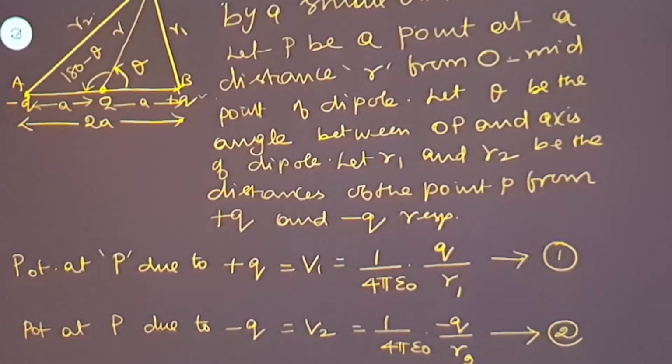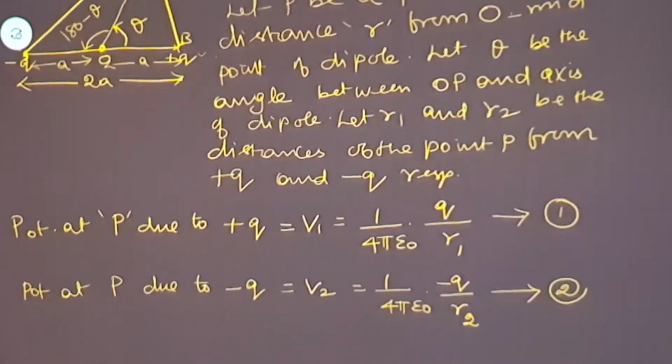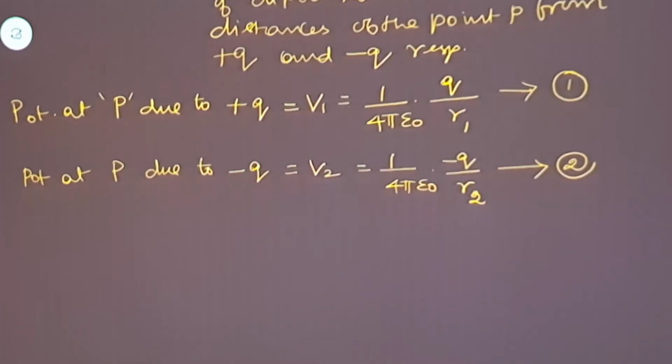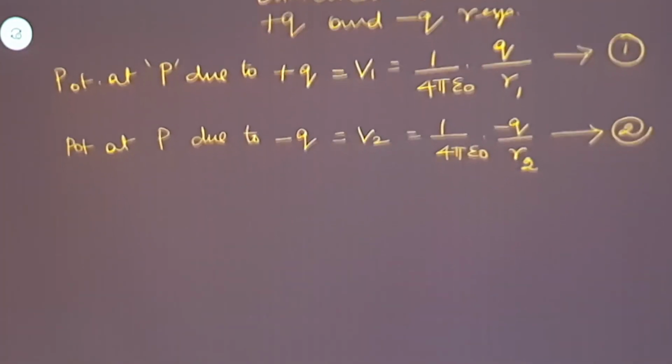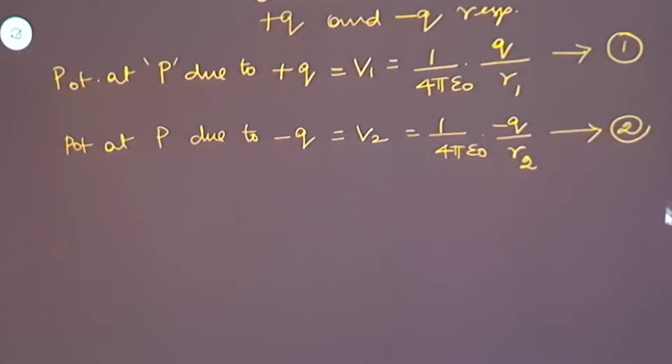Take this as equation number 2. In our last video, in studying the important cases, the total potential is given by the algebraic sum. Using that, we can calculate the total potential.